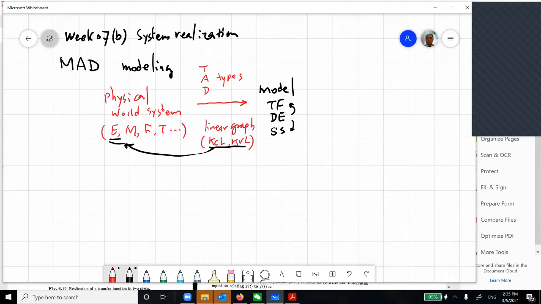With this model, we can do time domain analysis and frequency domain analysis. In frequency domain analysis, we mainly talked about the Bode plot, and we learned how to do the asymptotes. We also talked about Fourier series expansion, so we know the frequency contents.